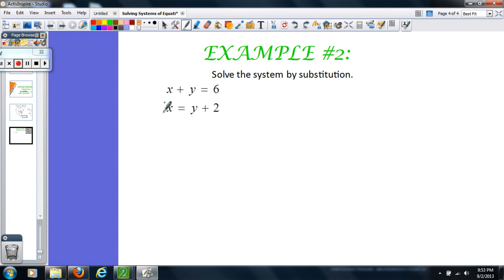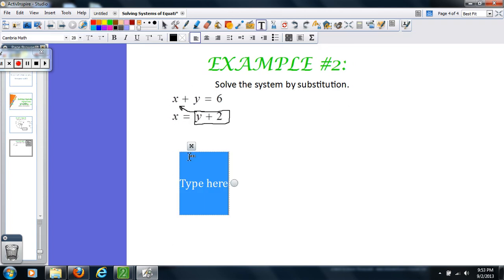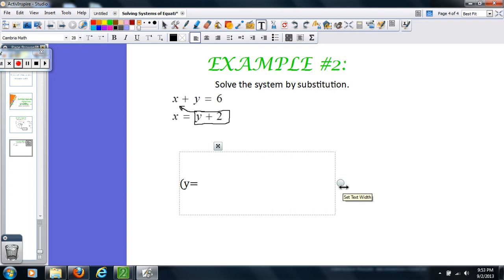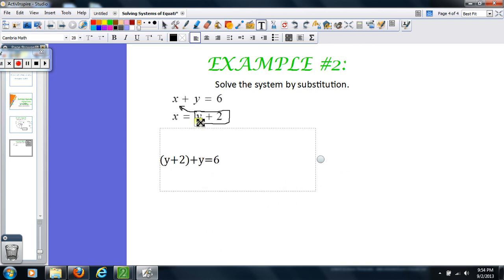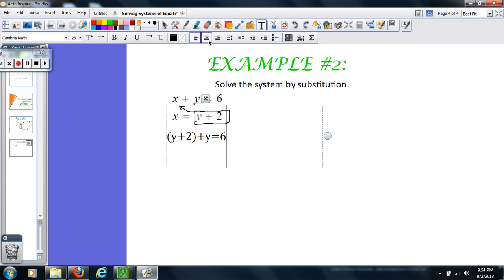So I can take this here and plug this in for x right there, which then will give me y plus 2 plus y equals 6. And now I'm going to solve for y.